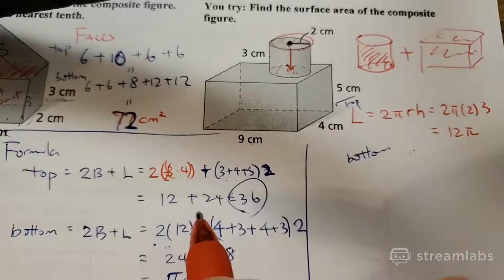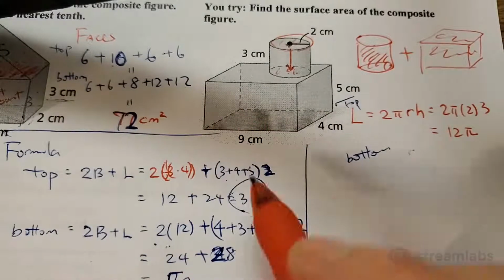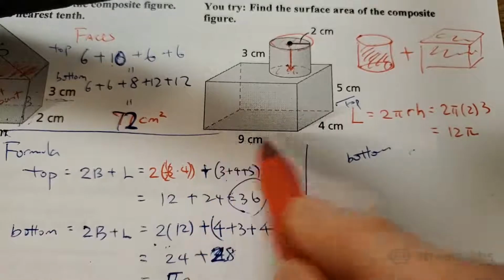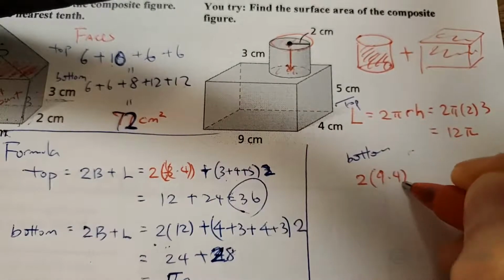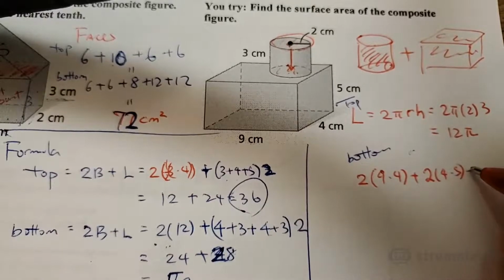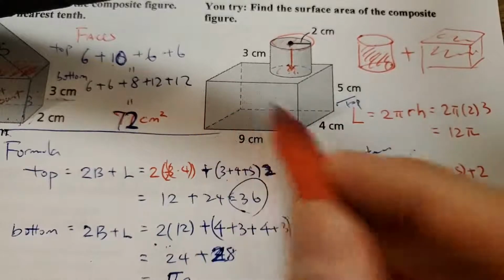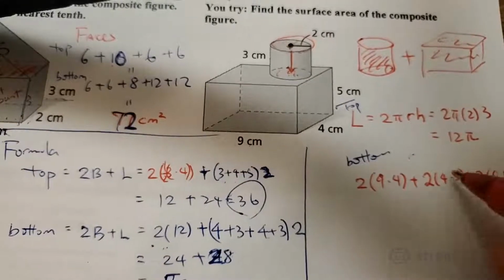So you use the formula, or you can just add all the faces. Essentially, it's going to be 2 times 9 times 4, plus 2 times 4 times 5, plus 2 times 9 times 5. Okay?